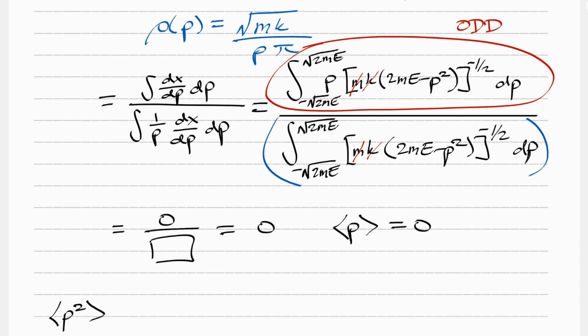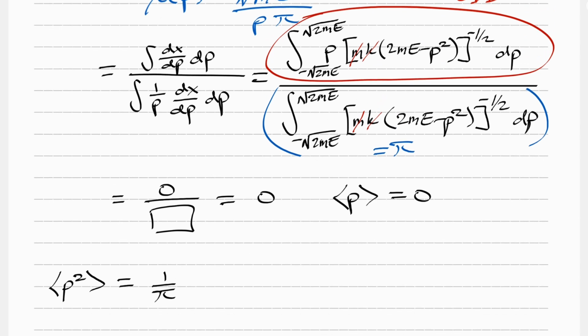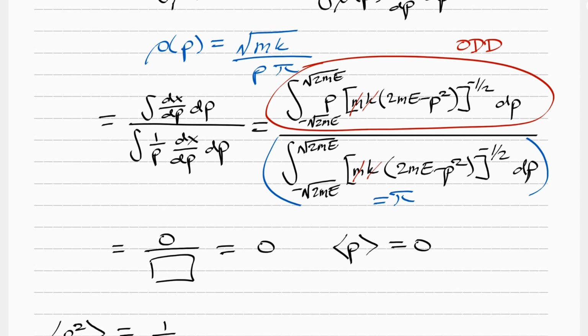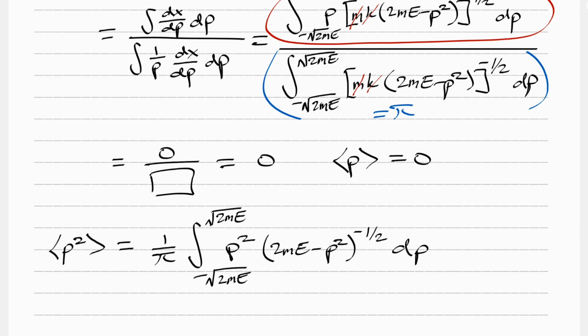And we recognize this is the same integral that we've already done. This just integrates to pi. And so the expectation value of p squared is 1 over pi, that's our denominator, times what I circled in red there: the integral from minus square root 2me to positive square root 2me, with the only change being that it's p squared now instead of p, and then we have (2me minus p squared) raised to the minus 1/2 power dp.